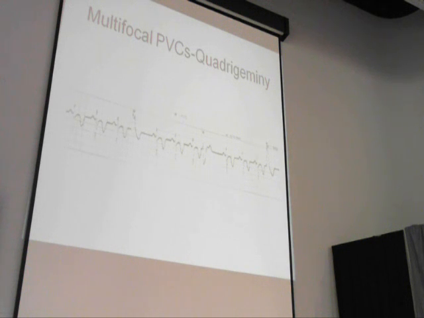That means there are multiple areas. I've got more than one hot spot. So multifocal PVCs mean multiple problems. That patient is more likely to have a lethal rhythm occur later on. Multifocal means multiple areas of irritability, ischemia, and more problems for us down the road.